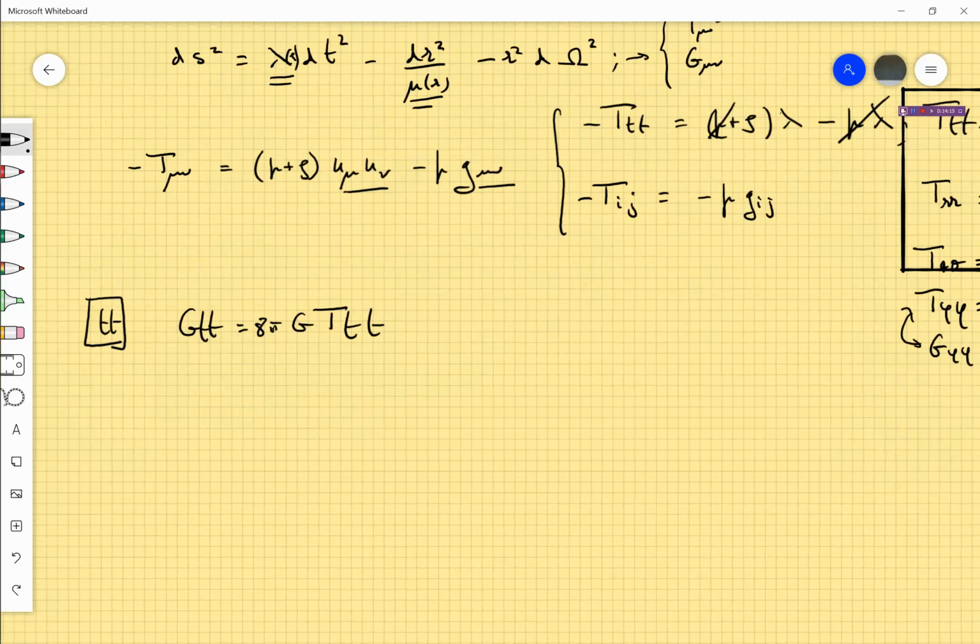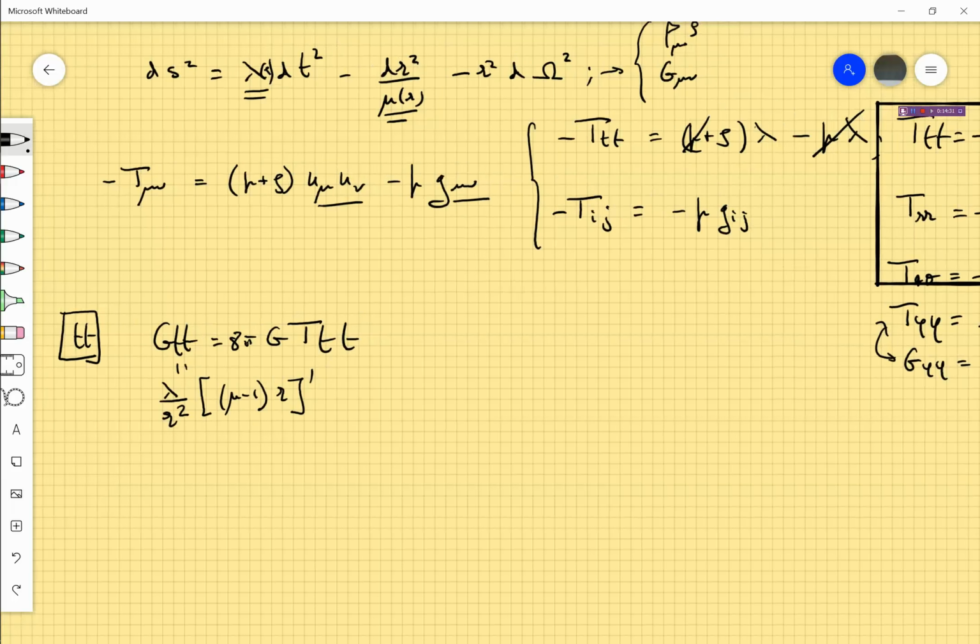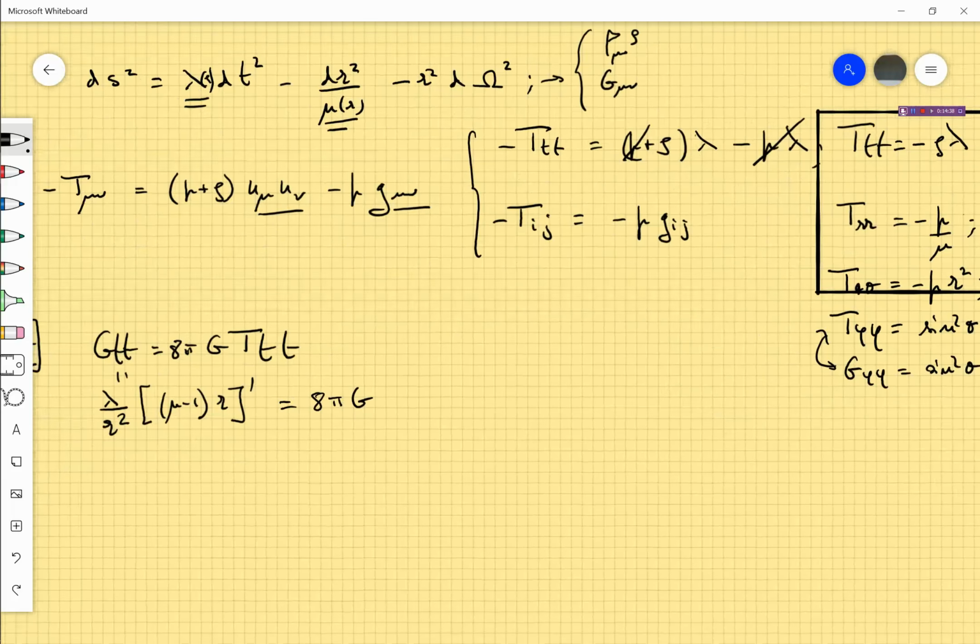G_tt was computed, and you can write it in this way: lambda divided by r squared times (mu minus 1 plus r mu prime), where a prime denotes derivation with respect to r, equal to 8 pi G, and then minus rho lambda.